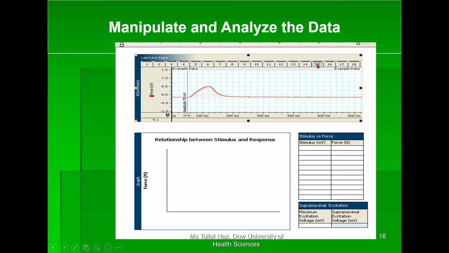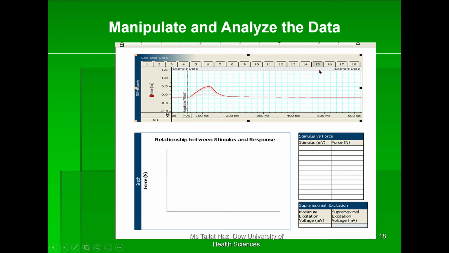Manipulate means, for example, if you are on page number 15, you can go to page number 14, you can go to page number 13, and you can see when you stimulate at 500 millivolt, what is the result, how much force is produced, and when you are stimulating at 300 millivolt, how much force is produced. So every time, we can calculate from here. Of course, I cannot show you here because this is a whole procedure.